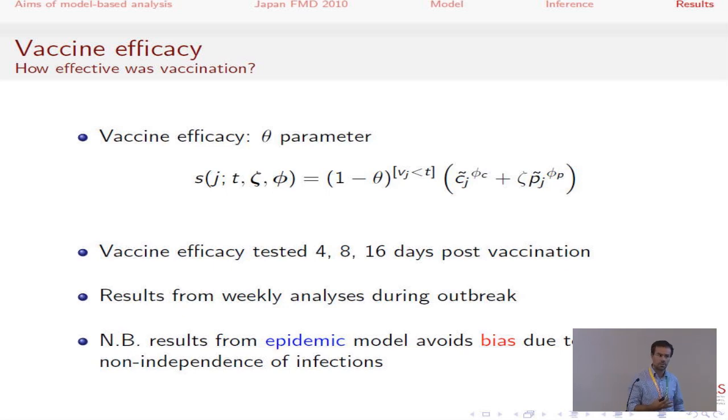It takes some time for the cattle or the pigs to respond to the vaccine and then raise their immunity. So I'm assuming a 4, an 8, and sorry, that should say 14 days, so 2 weeks, what the textbooks say the time from immune challenge to immunity takes.